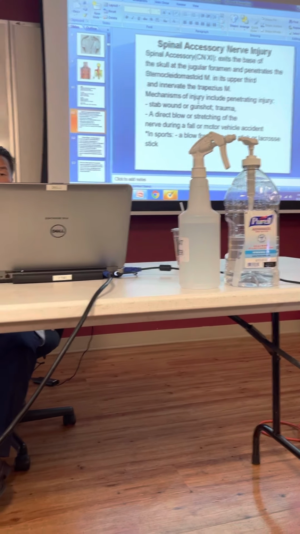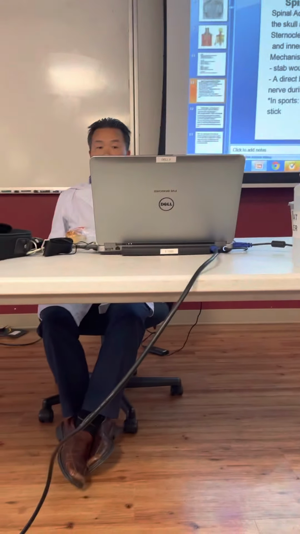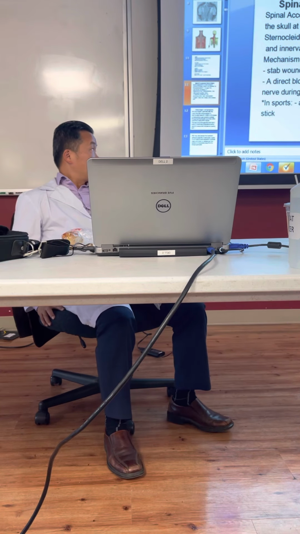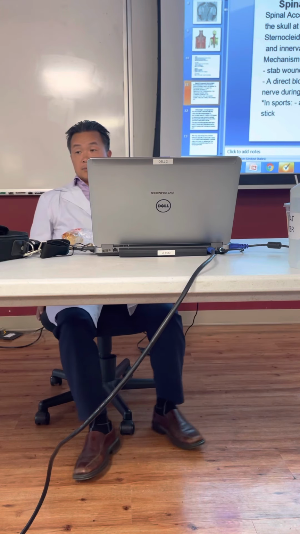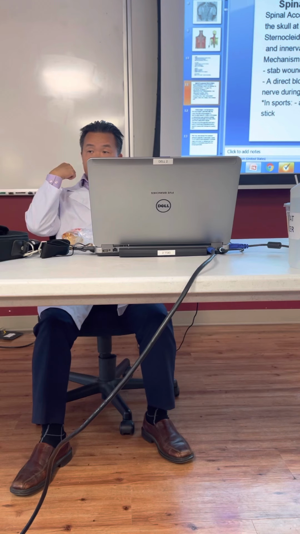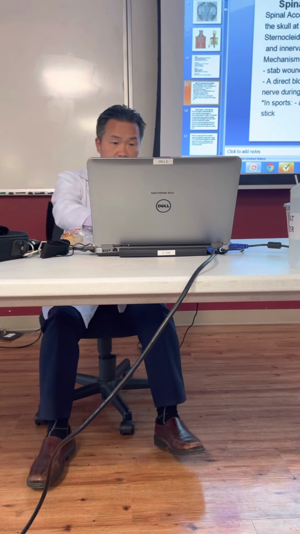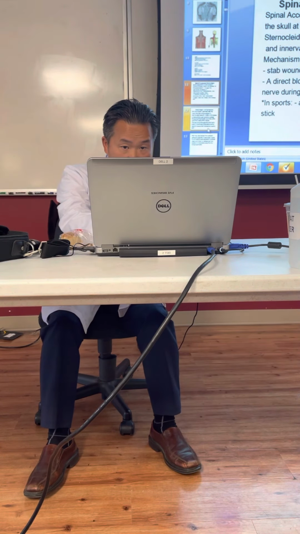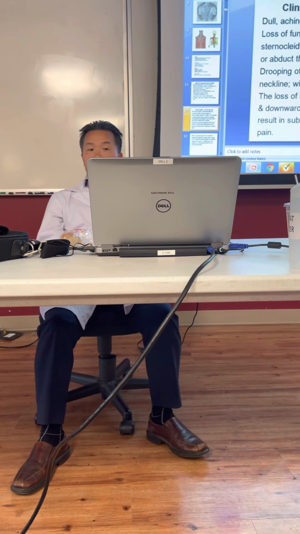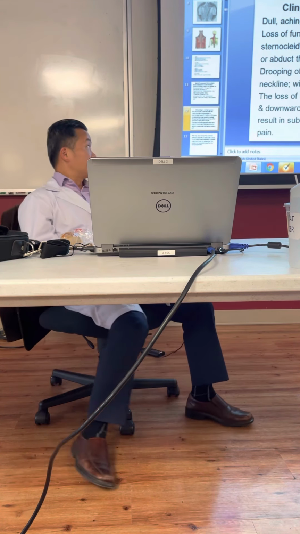Or a direct blow or a stretching of the nerve during a fall, or car accidents, or in a sport a blow from a hockey stick, so that can damage the spinal accessory nerve. With spinal accessory damage, the patient might have, let's go to the clinical symptoms, dull aching pain, weakness, deformities, and loss of function of the trapezius.